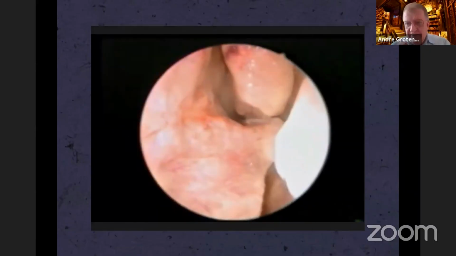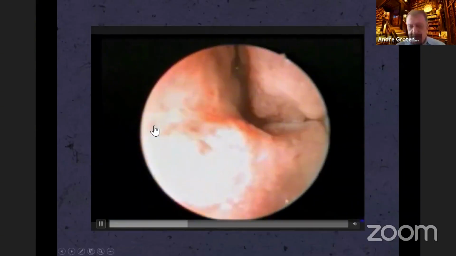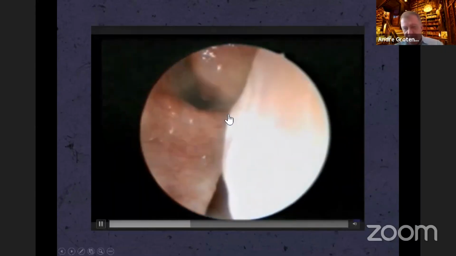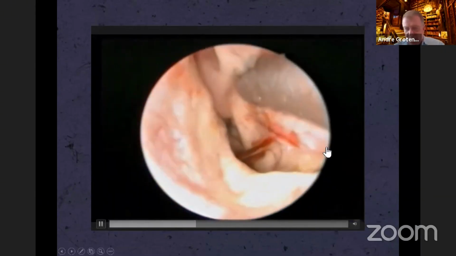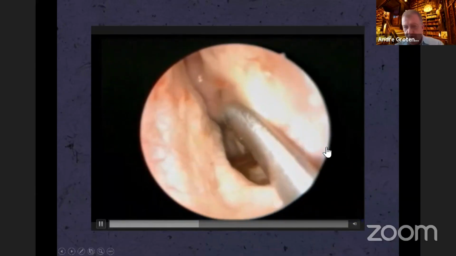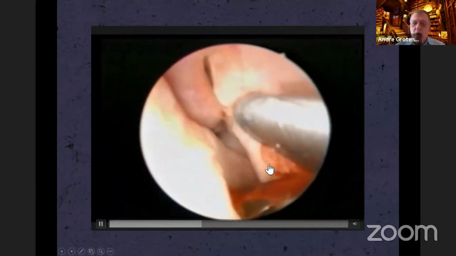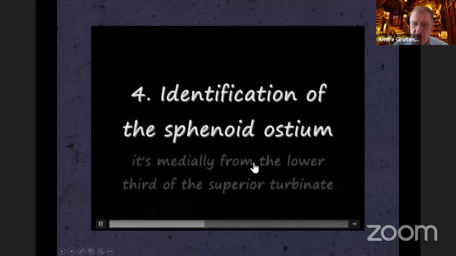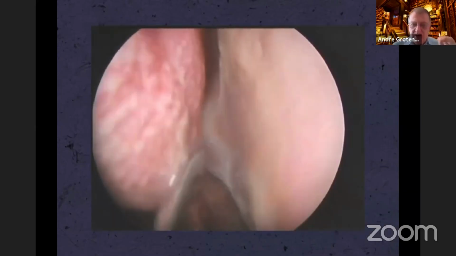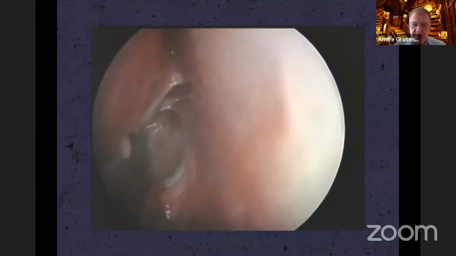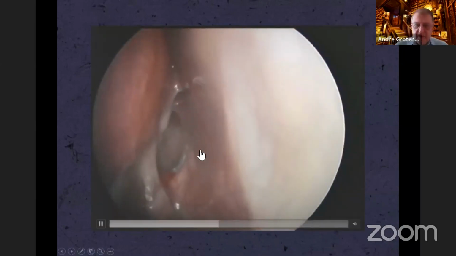Often we have variations, and the so-called spica, that means these lateral extensions, they are frequent, more often actually on the left side. I don't know why, but you usually can go above them, so you don't have to deal with them. And then we remember the ostium is in the lower part of the superior turbinate, the lower third.